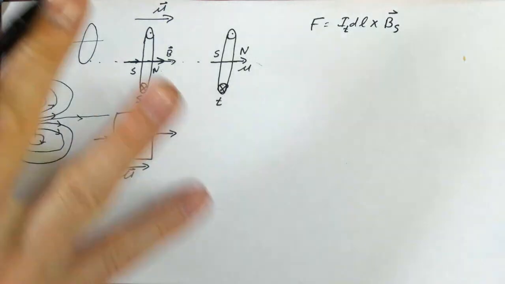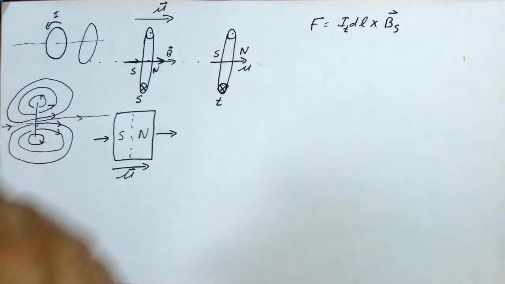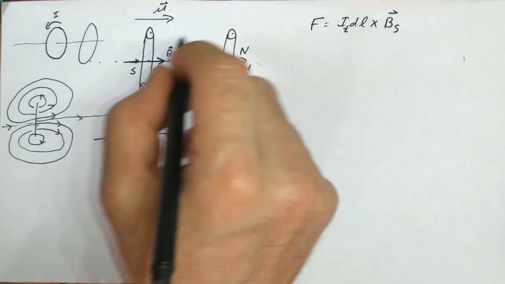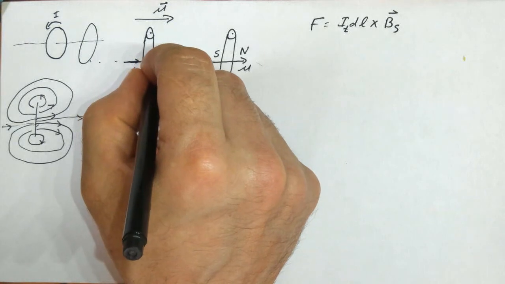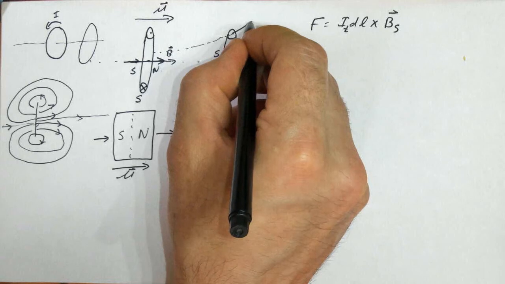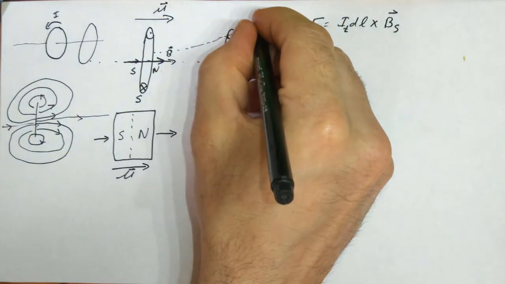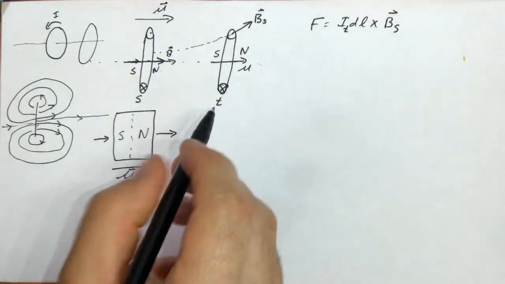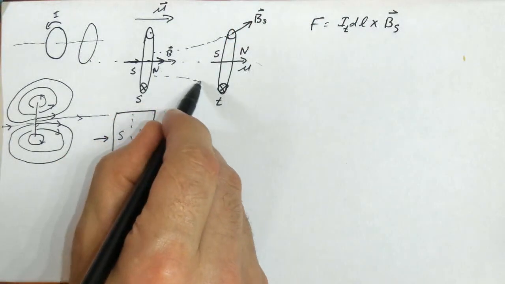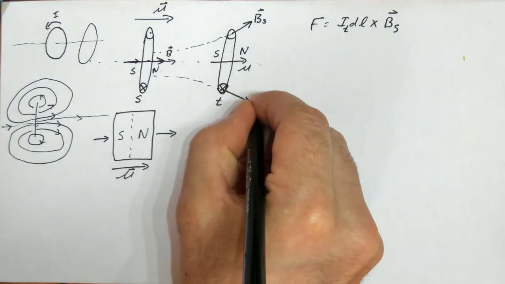Okay, and these rings just go forever, continue forever. And so if I were to see what's the field up here, well, that's probably a field line that's coming out like that, and at that point, the tangent to that field line is that way. So this would be B source, and we could do something similarly, symmetrically. We have B source going that way.